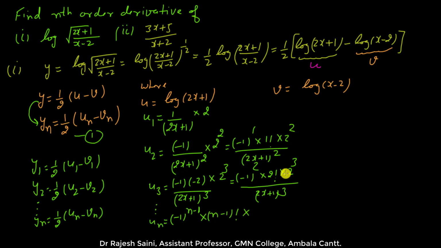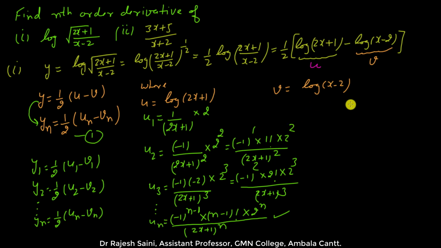When here is 3, here is 2 raised to the power 3. When here is 2, 2 raised to the power 2. When here will be n, it will be 2 raised to the power n divided by (2x plus 1) raised to the power n, because when here is 3, here is 3, and here is 2, here is 2. So this is the nth order derivative of u, that is un.